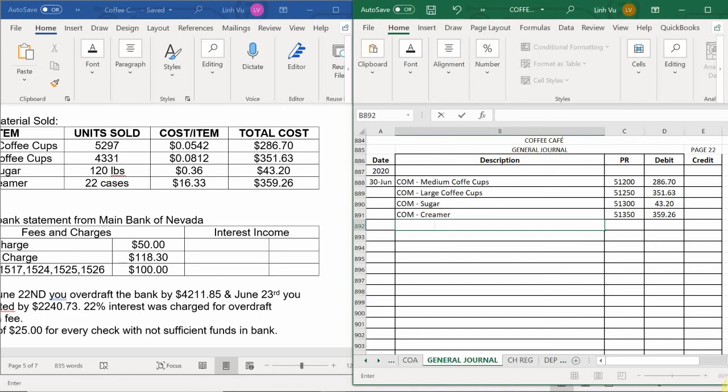So in this case, you're going to list out medium coffee cups, your large coffee cups, your sugar, and your creamer. So your business supplies can also be your inventory?